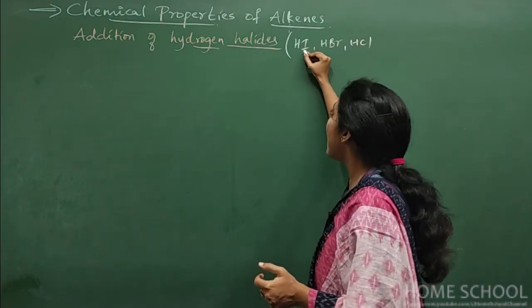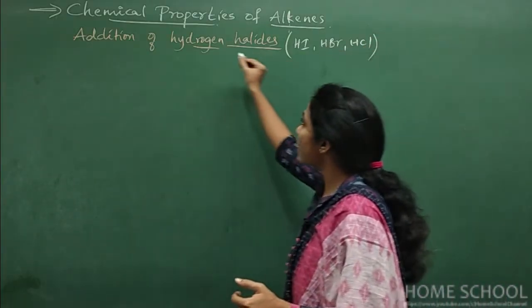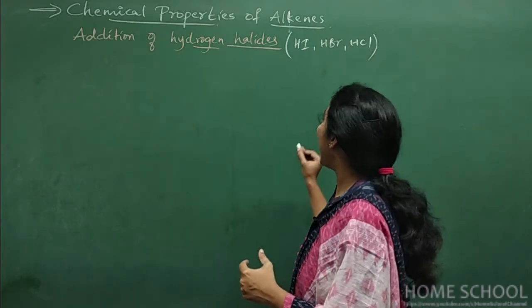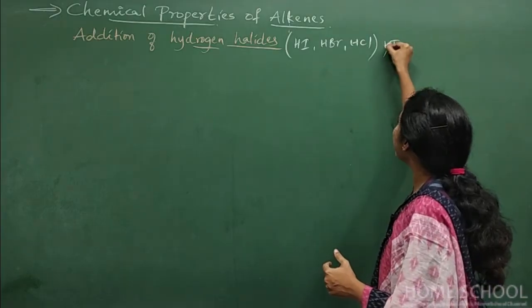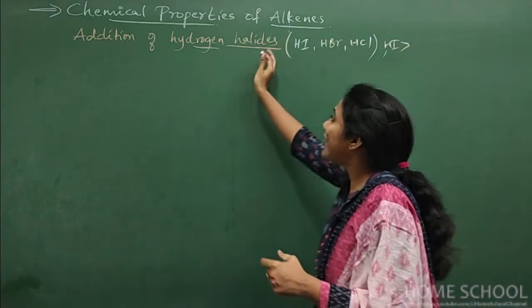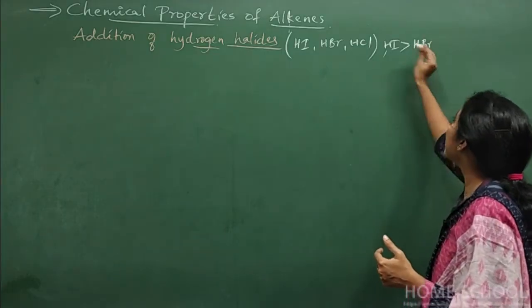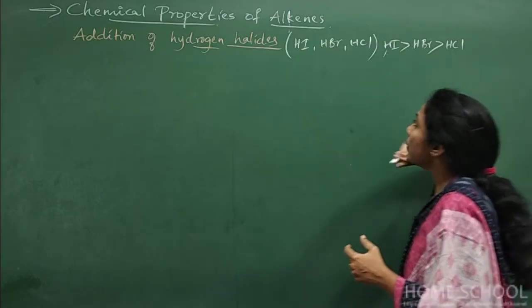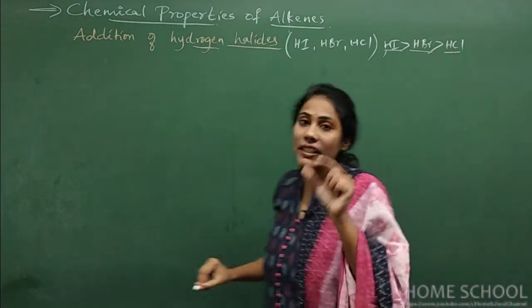Hydrogen iodide, hydrogen bromide and hydrogen chloride are generally called hydrogen halides. Here the reactivity of HI is more. HI can be added very nicely compared to HBr, and HBr can be added very nicely compared to HCl. Let us see how we can add these to alkenes.